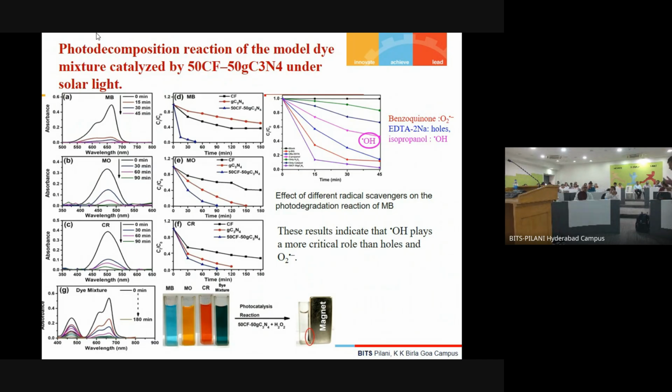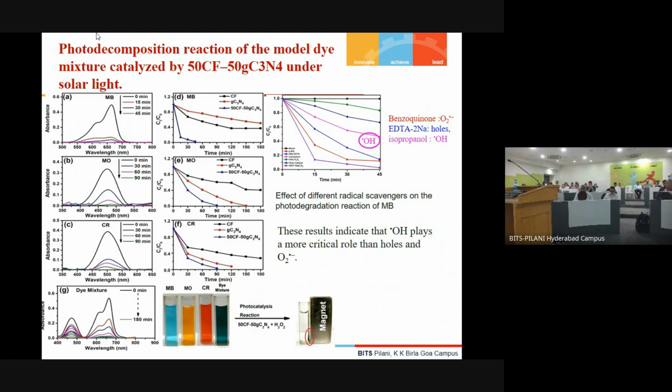Now we wanted to understand how the reaction mechanism is happening. We know that it goes by radicals: OH dot, O2 minus dot, and H plus can also generate, and they are responsible. But which one is more dominant? All of us might not have an EPR instrument, so there is a very simple method to capture that, using scavengers.